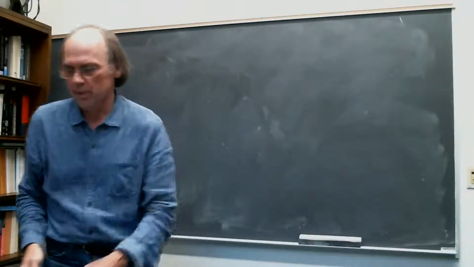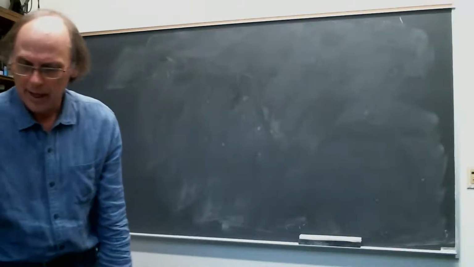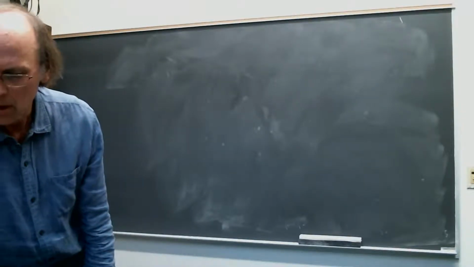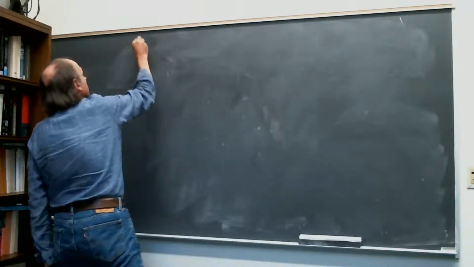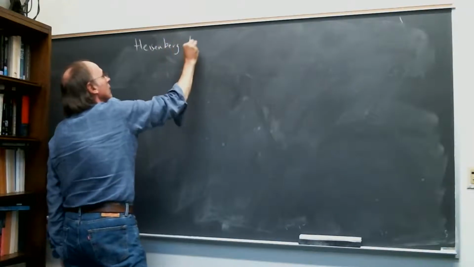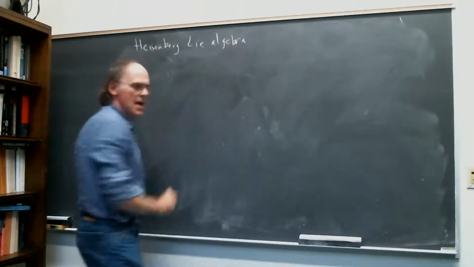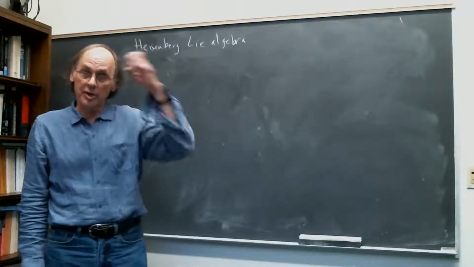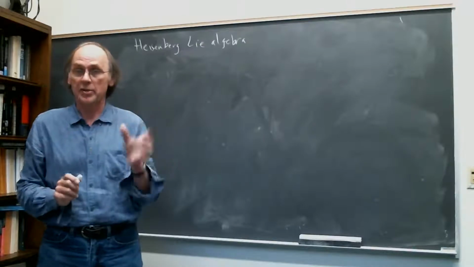So one way to write down the Lie algebra is the Heisenberg Lie algebra. I started writing it down for one degree of freedom last time, and I showed how to write it in terms of matrices.